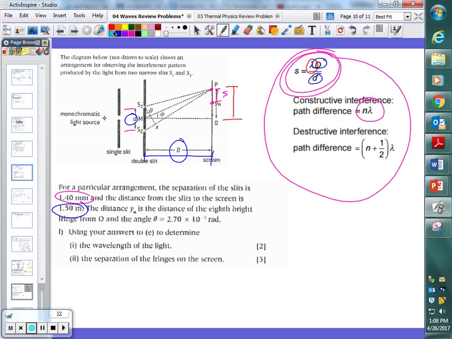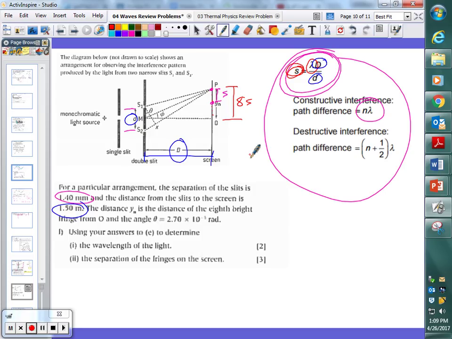We don't have S. S is the distance between each bright fringe. But we know that this distance is 8 times that. Does that make sense?